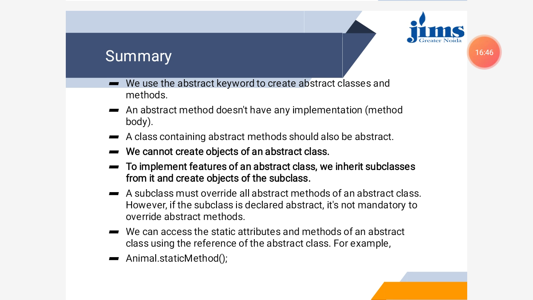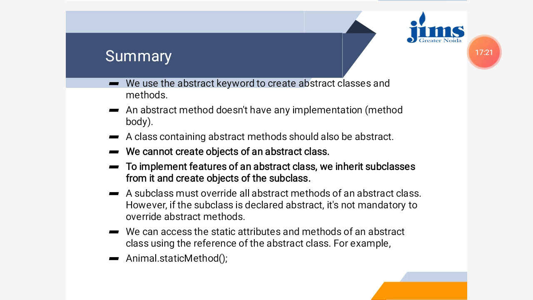So abstraction is a very important property, and if we summarize it, then every abstract class must contain the abstract keyword as the first keyword while writing the class, and if any class contains an abstract method, then that class must be an abstract class.